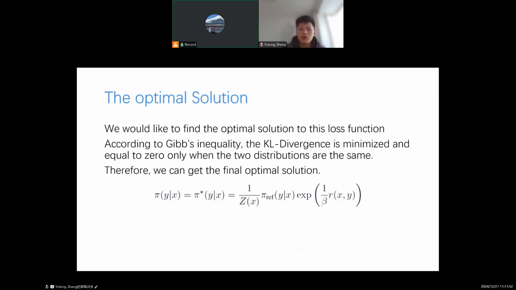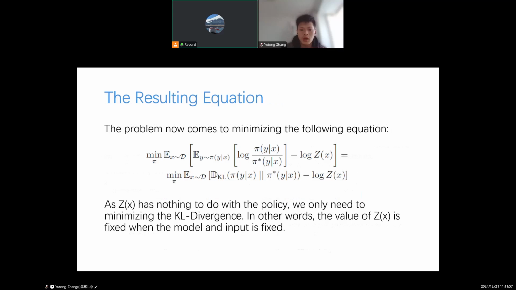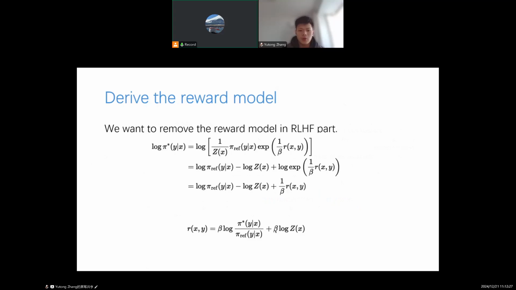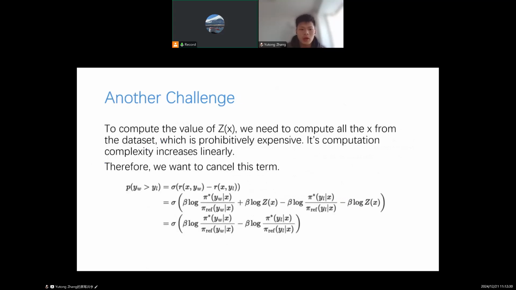Then we want to get the optimal solution from the previous equations here, and according to this theory, we know that this is minimized when the divergence is equal to 0, which means two distributions are the same. So we can get the final optimal solution here, and we can see it is pretty simple compared to the previous loss function. And we can derive the reward model from here.